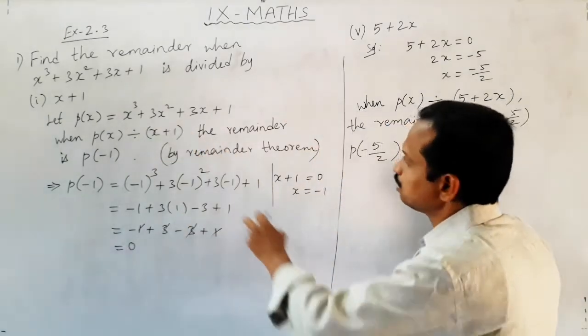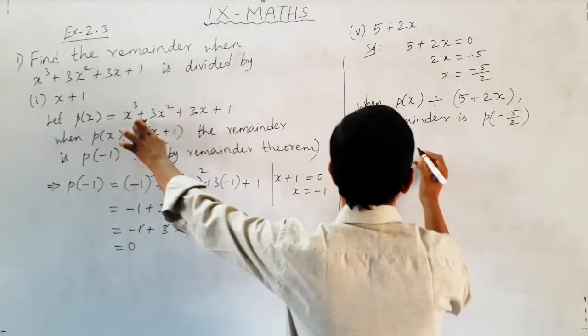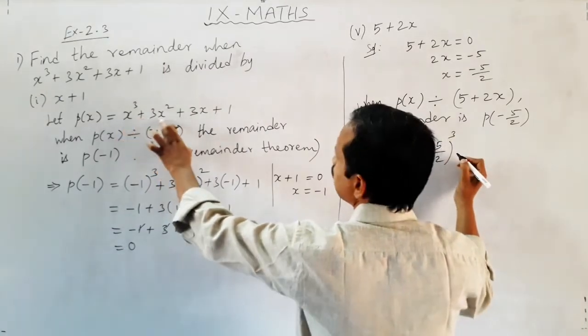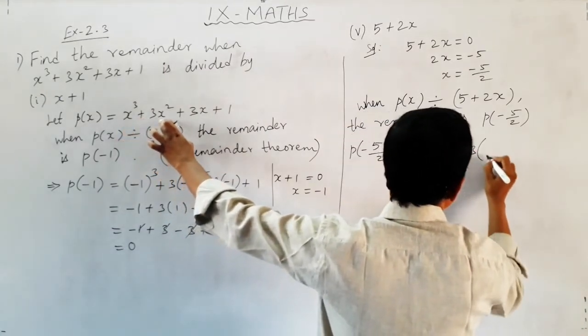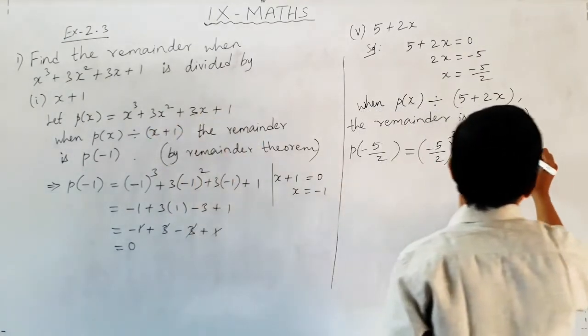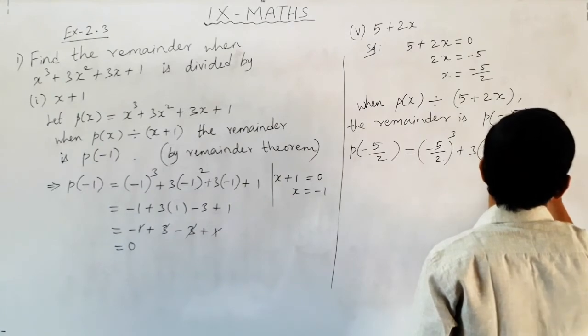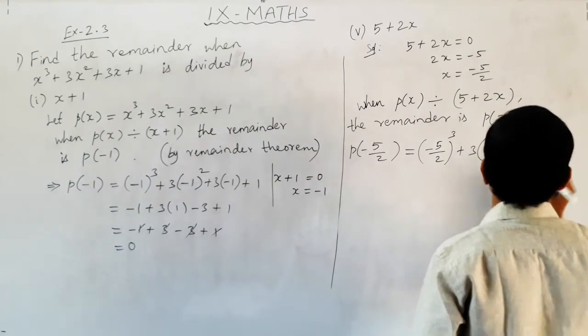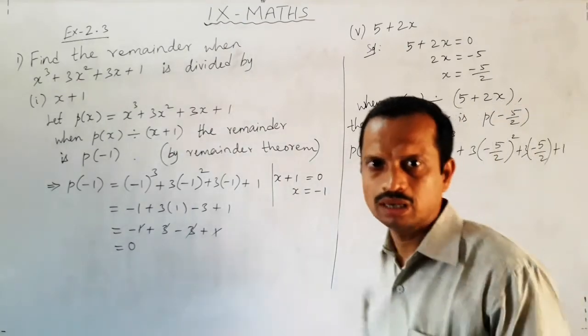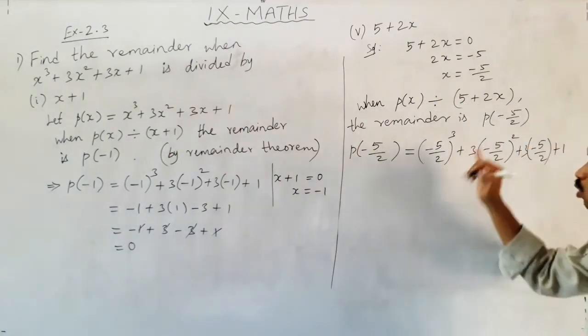If it is separate, we have to write like this. So p of x, instead of x put minus 5 by 2: minus 5 by 2 whole cube, and then plus 3x square, 3 into minus 5 by 2 whole square, and then plus 3x, so plus 3 into minus 5 by 2, and then plus 1. So now minus 5 by 2 whole cube.